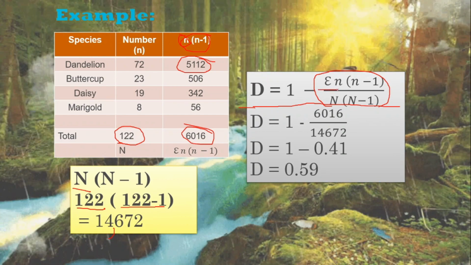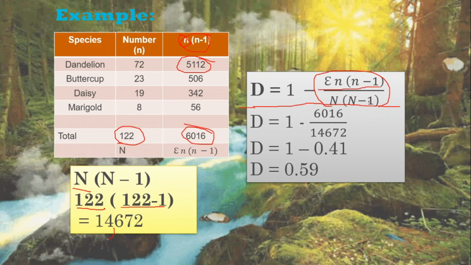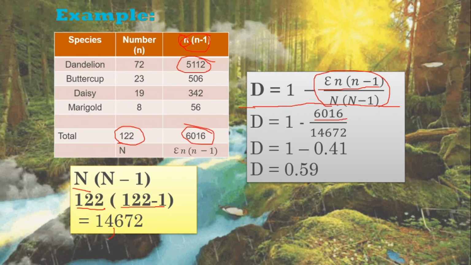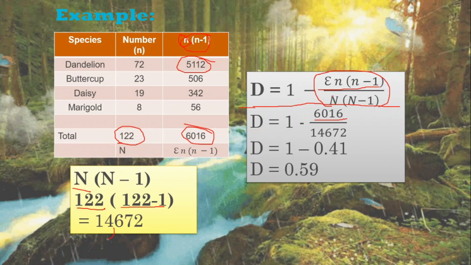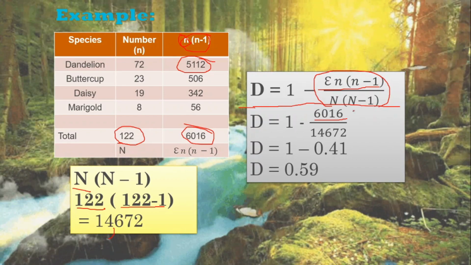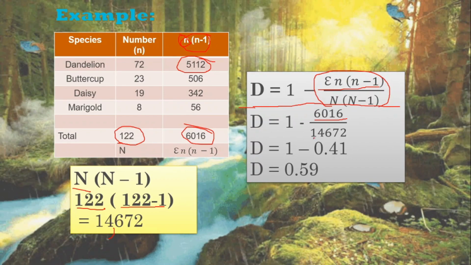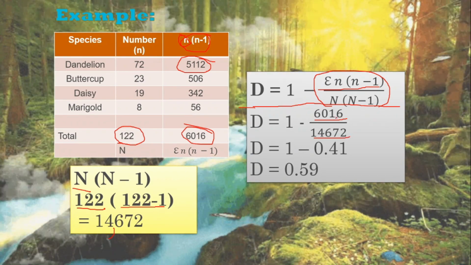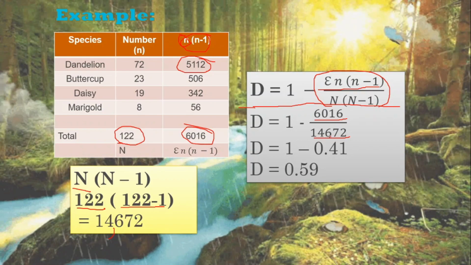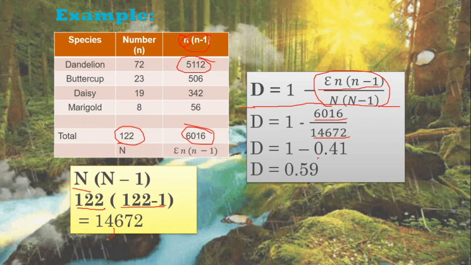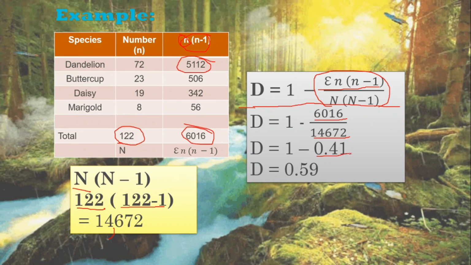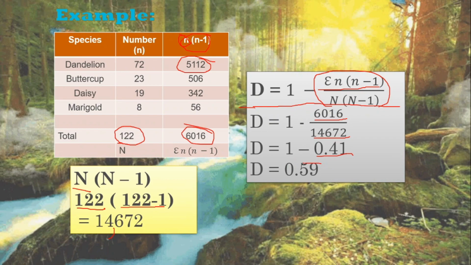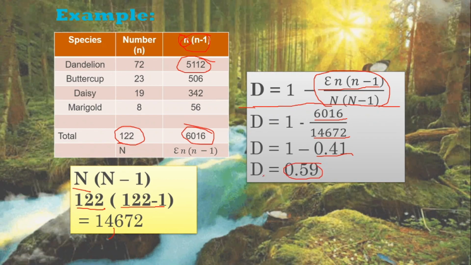For the summation of n times n minus 1, we put the total we found, and for the capital N times N minus 1, we put the product we found. Dividing these is equivalent to 0.41. 1 minus 0.41 is equal to 0.59.